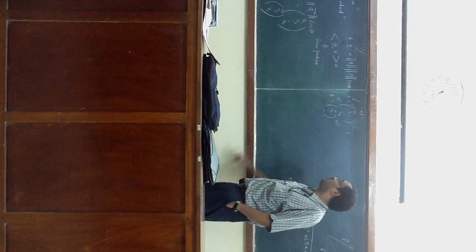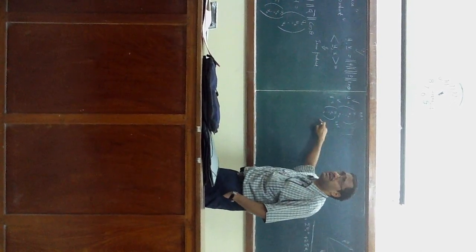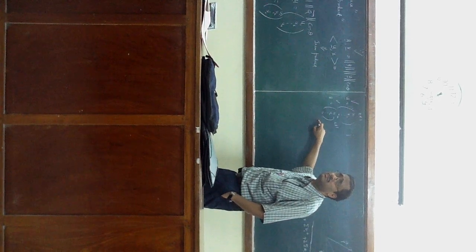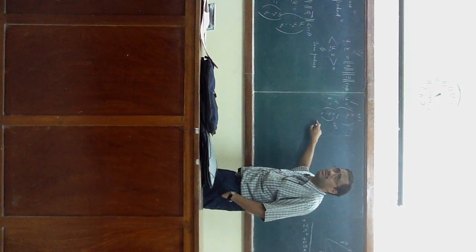So the U vector, how do you write it? N rows, 1 column. V is also n rows, 1 column, in the n-dimensional vector space. So how will they be used such that they give 1 by 1? Yes. So V transpose U.